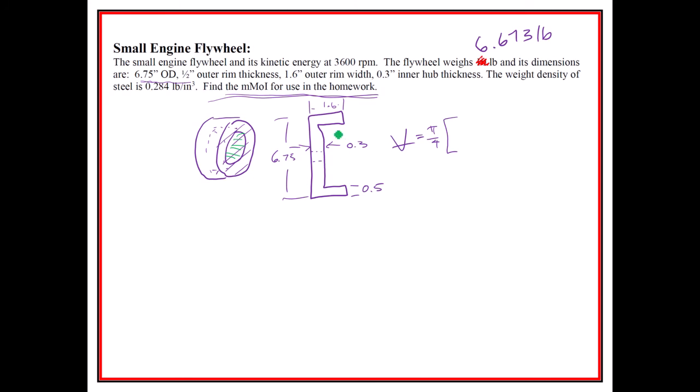So that's 5.75 squared, right? Is going to be the diameter of this piece of this inner face right here, and then the depth is going to be 1.6 minus 0.3. So we get 6.75 squared.